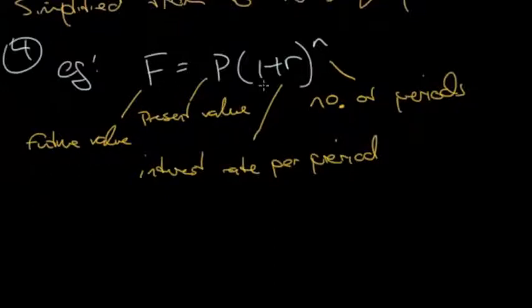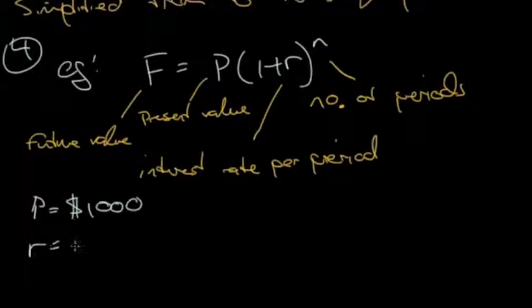Okay, so this is an equation, and we've got 4 variables in it, and basically they could all be anything. But in the example we're considering, 3 of them have values. P equals $1,000, present value, so I've currently got $1,000, which is great.